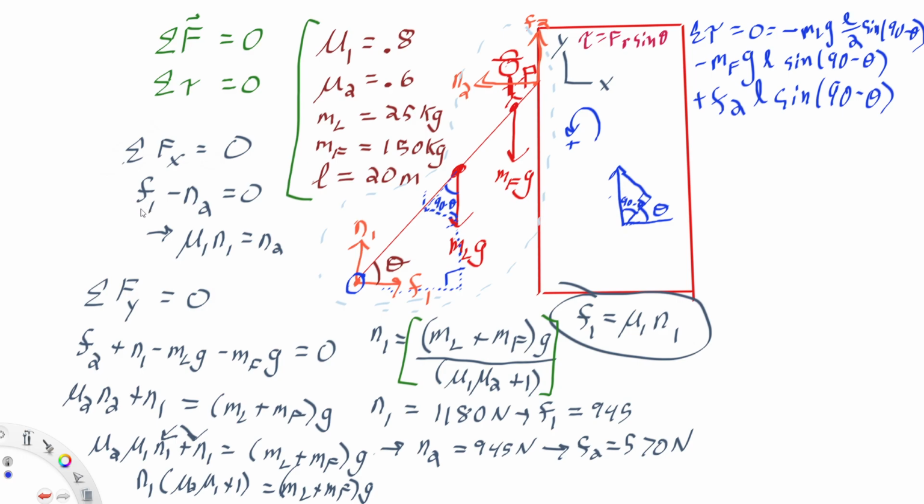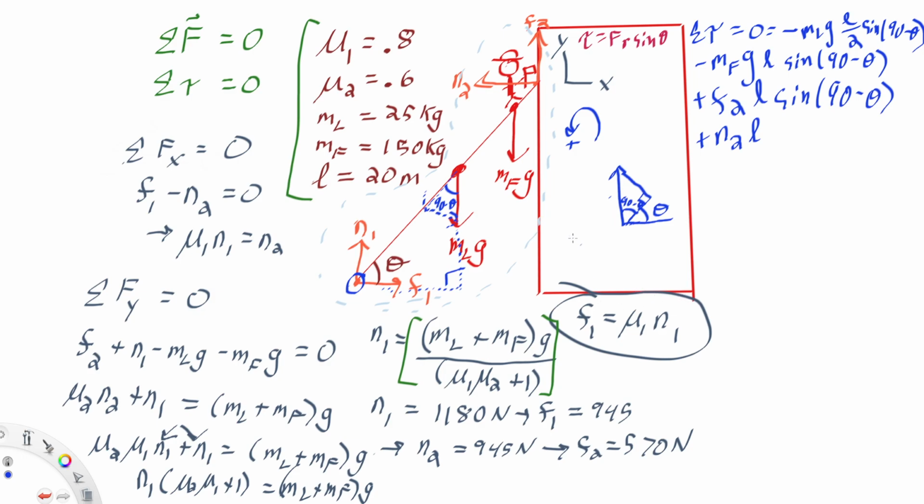Okay. One more force to break down. N2. Is N2 going to be a positive or a negative torque? Yeah, it's going to be a positive torque. It's going to rotate in the counterclockwise direction. It's a full length of the ladder away from the axis of rotation.